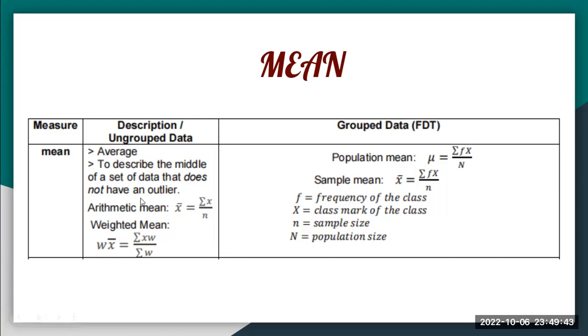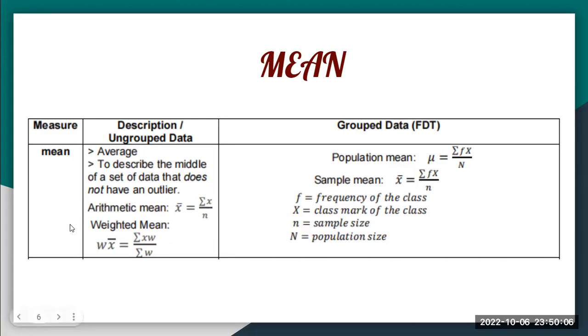So, for arithmetic mean, ito yung symbol for that, yung x na meron siyang guhit sa taas. So, the arithmetic mean is equal to the summation. This sign na parang letter E is summation, ibig sabihin, total. The summation of x divided by n.